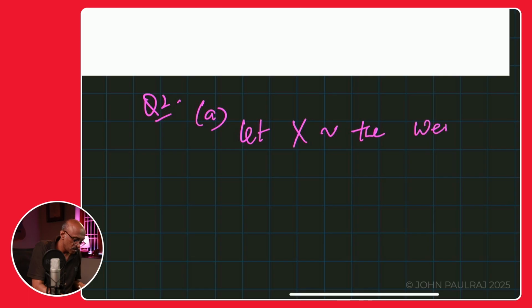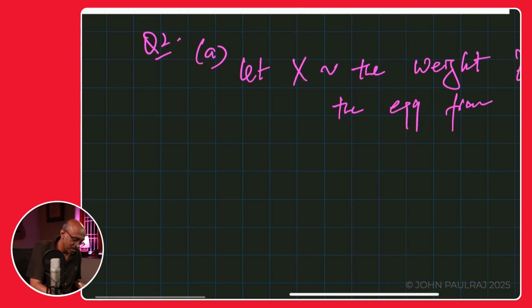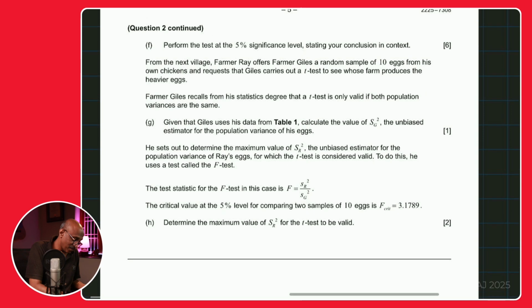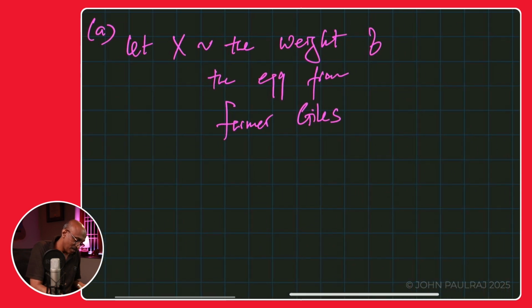This is question 2 and this is part A, and let's say X. Let X represent the weight of the egg from Farmer Giles's chicken farm.